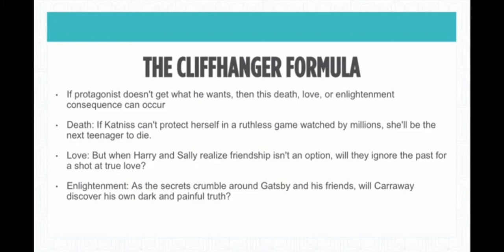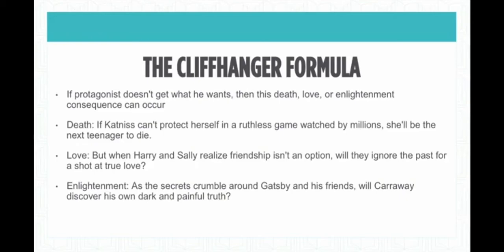Enlightenment. As the secrets crumble around Gatsby and his friends, will Carraway discover his own dark and painful truth? So, this is for literary fiction, memoirs, some young adult, where the thing at stake is enlightenment. Will he or she find enlightenment? If you're doing it for a memoir, you know the person isn't going to die at the end because they're writing the memoir.